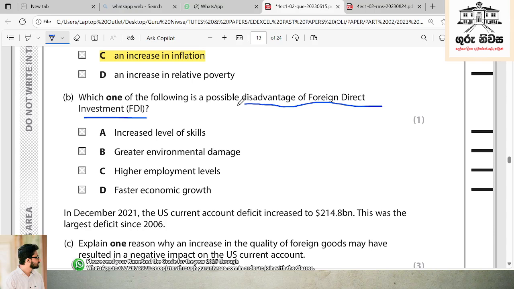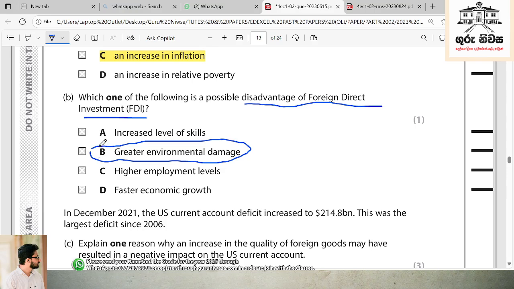No, no, disadvantage. Economic growth means it's good. Greater environmental damage. Yes. Now you can see that. It's a huge blow. The damage for our coastal area, because it's next to the Galle Face. So it's not good.